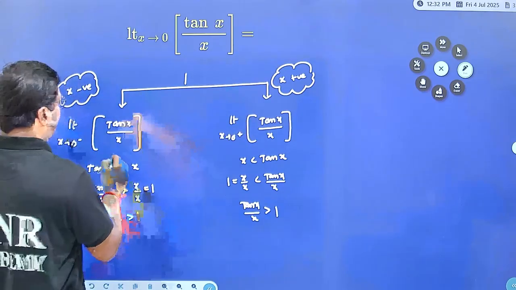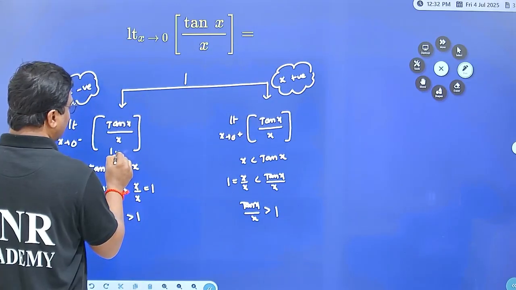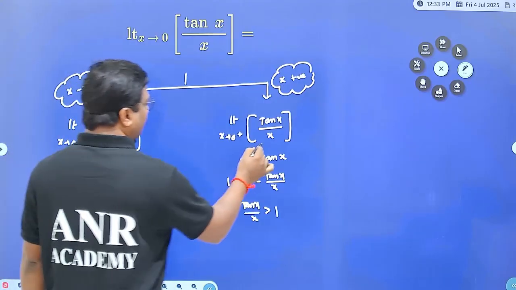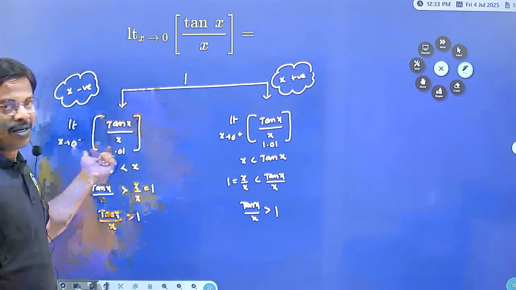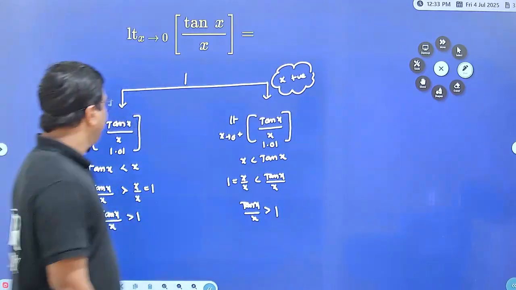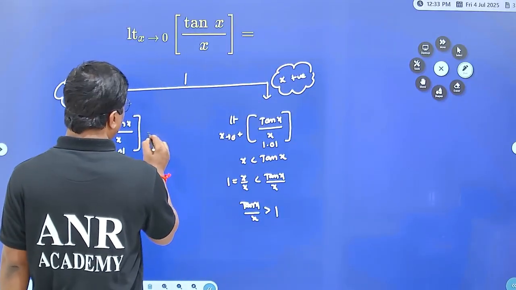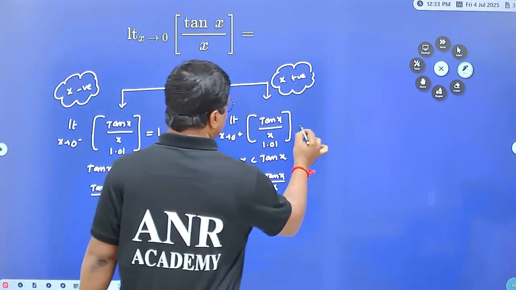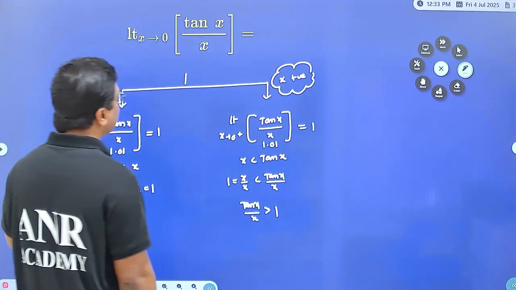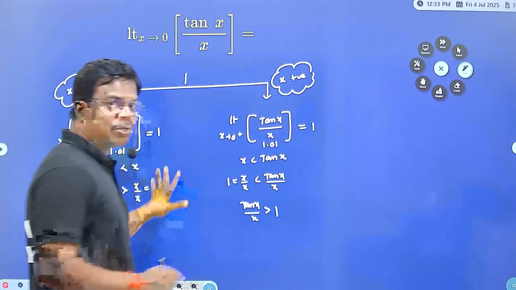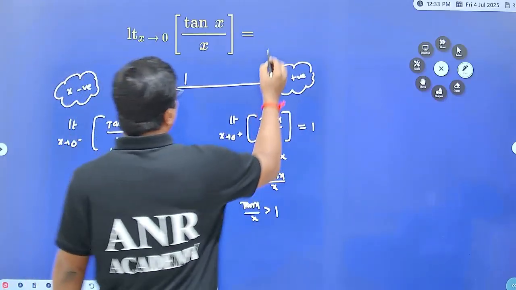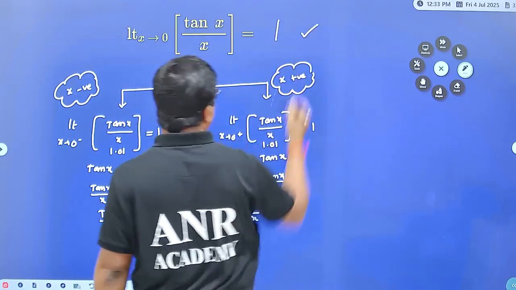Suppose it is 1.01, then what happens? Applying the step function to the number 1.01, you will get the result 1. And hence, as x tends to 0, the step of tan x by x, both left limit and right limit approach 1, and hence the limit value of this function is clearly 1.